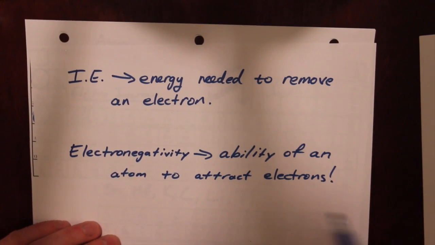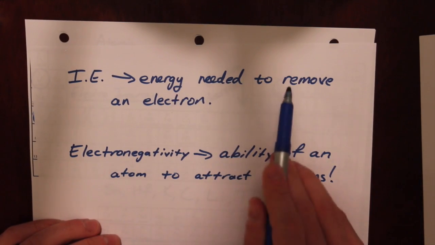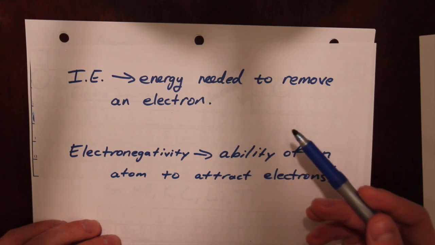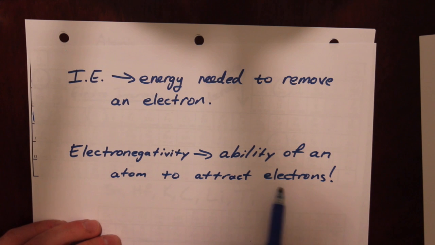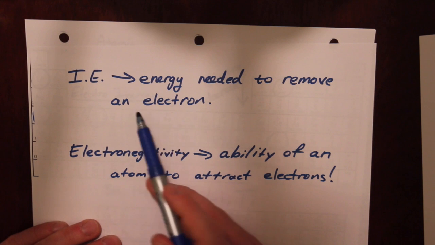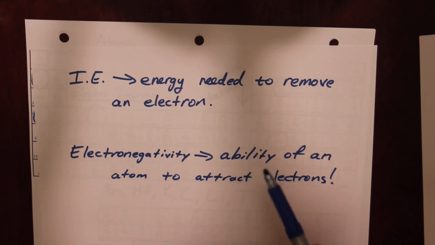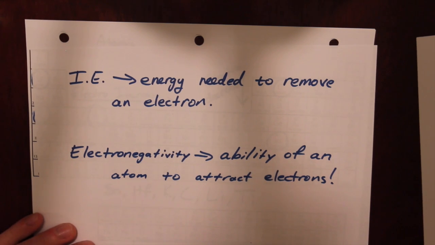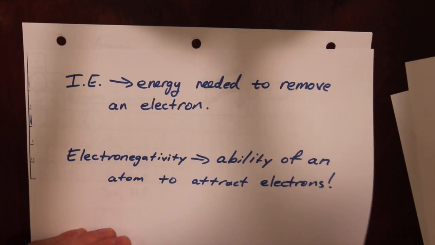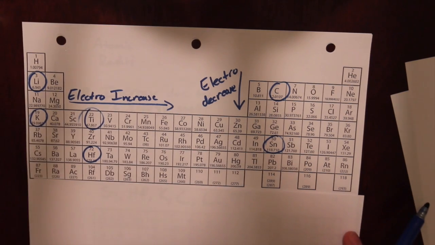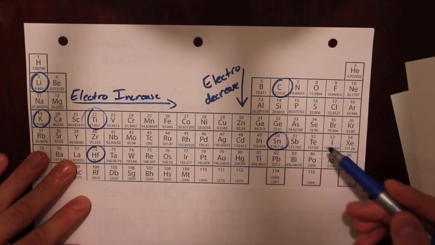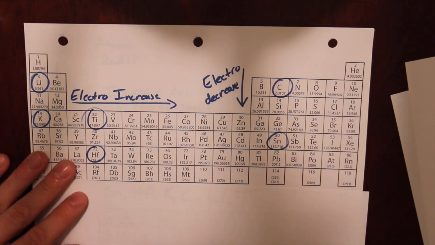They work hand in hand, because ionization energy is the energy needed to remove an electron, and if an electron is being removed, it's not going to want to attract electrons because it's actually trying to get rid of them. Same thing the other way, if we're trying to gain electrons, it's obviously going to want to attract the electrons. So we're increasing going across a period, decreasing going down.